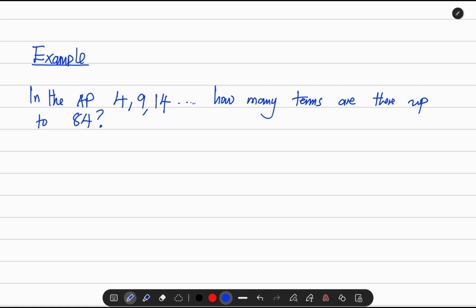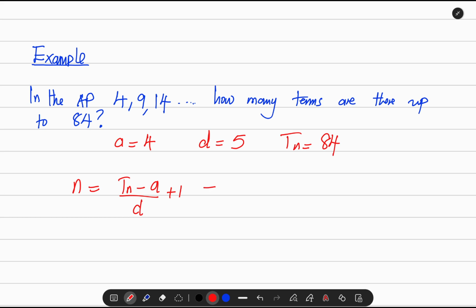Here a is 4, d is 9 minus 4, which is 5, and Tn is 84. From the equation we just made, n equals Tn minus a over d, plus 1.